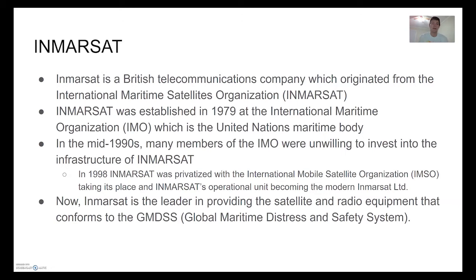In 1998, Inmarsat was privatized, with the International Mobile Satellite Organization, IMSO, taking its place as Inmarsat's oversight body, and the operational unit becoming the modern Inmarsat Ltd. Now, Inmarsat is a leader in providing the satellite and radio equipment that conforms to the Global Maritime Distress and Safety System, the GMDSS.